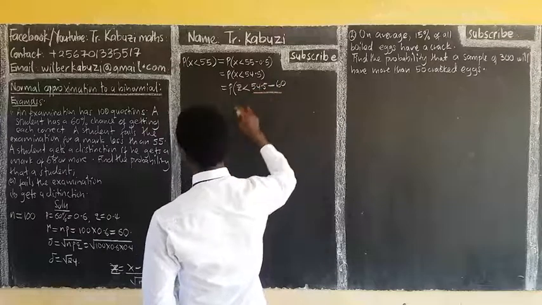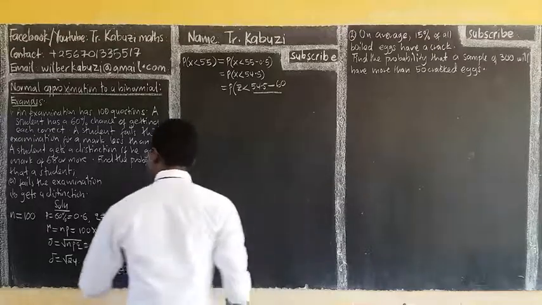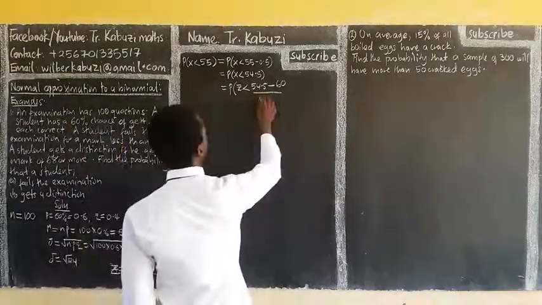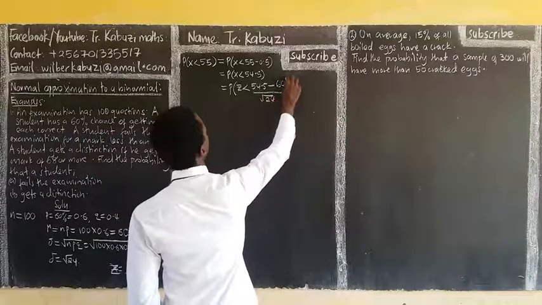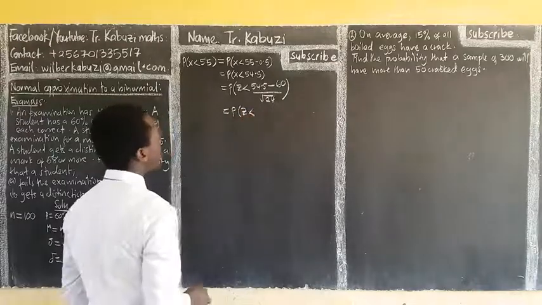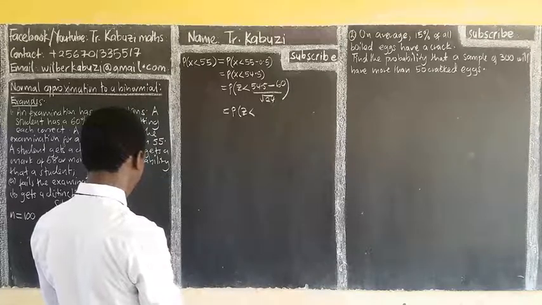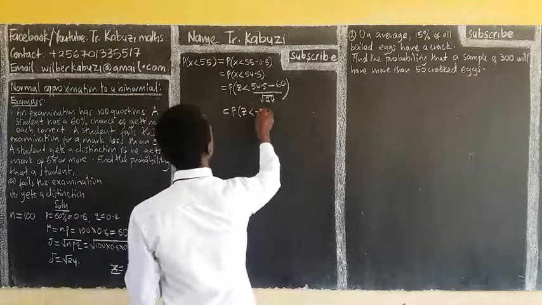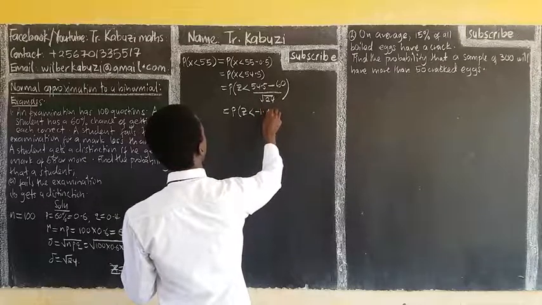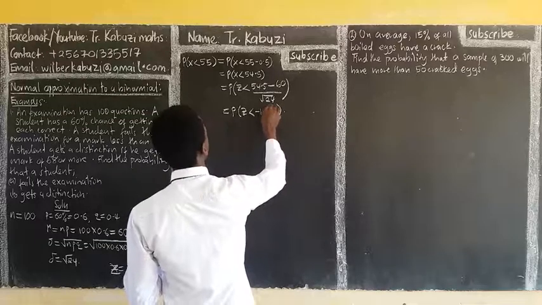The whole over sigma, the root of npq, which is root 24. Then you press your calculator. This is z less than, and it's going to give us, here I'm getting negative 1.123. You give these ones with 3 decimal places.